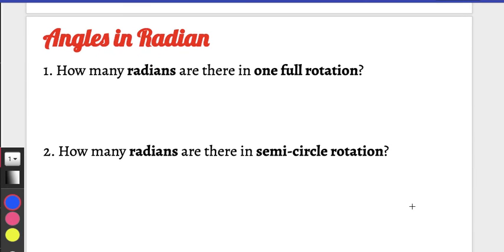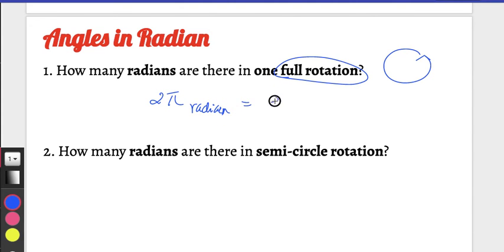So the conclusion we can say is, how many radians are there in the full rotation? Full rotation meaning the whole circle, which is 2 pi radian, equal to 360 degrees. And if the whole circle is 360 degrees, which is 2 pi, then what about half of the circle?